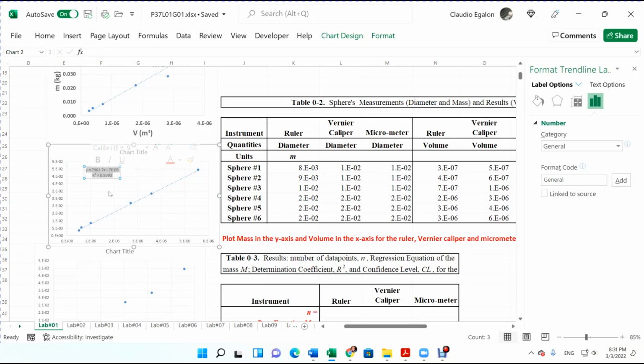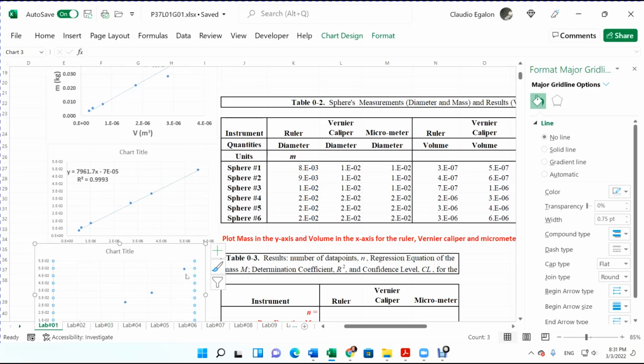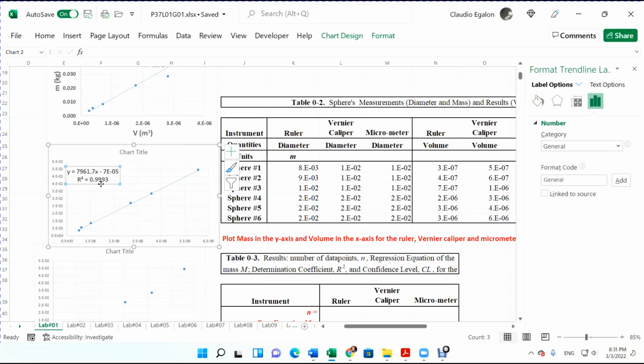Preferably make a larger format so you can see it better. Remember, at least 12. No, 12 is small. No small fonts, please, and preferably bold. Some things you should put in boldface, so it makes it easier for me to see.